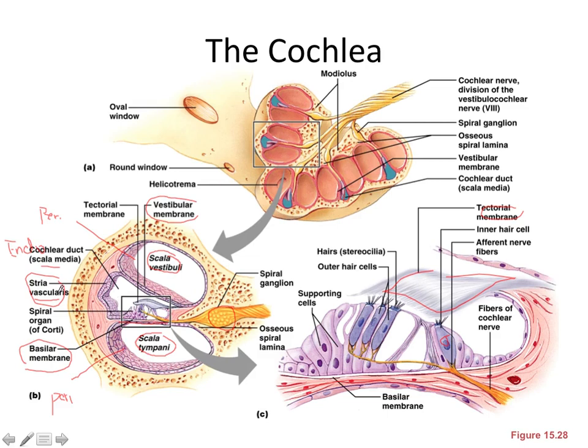That's because the stria vascularis has potassium-sodium pumps. These pumps continuously pump potassium into the endolymph. That's why the endolymph is highly concentrated with potassium. We cannot see the stria vascularis in either the scala vestibuli or the scala tympani, so the scala media is the one highly concentrated with potassium.